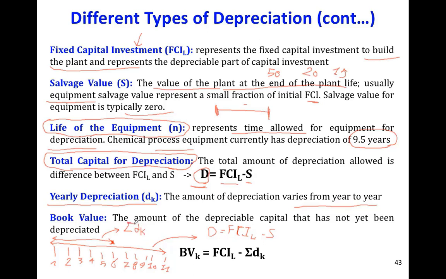I show it in this way. Imagine I have yearly depreciation. I sum them until year 6, and that sum will be the total depreciation that I have until that year.